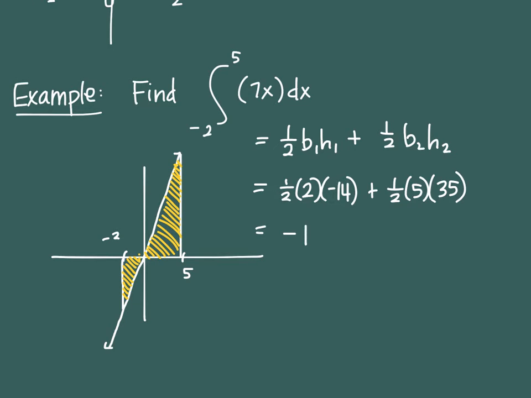So this is -14 plus 175 over 2. And so we have a negative triangle added to a positive triangle, which gives me a net total answer, an area of 161 over 2. A net area.